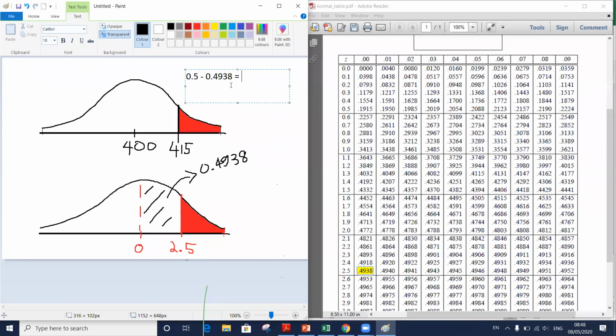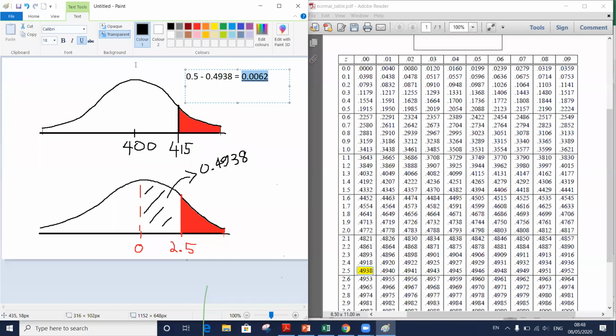If the answer comes like this, do you know how to write it? What does the power minus 3 mean? There should be 3 zeros, 0.00, then 62. So 0.0062.